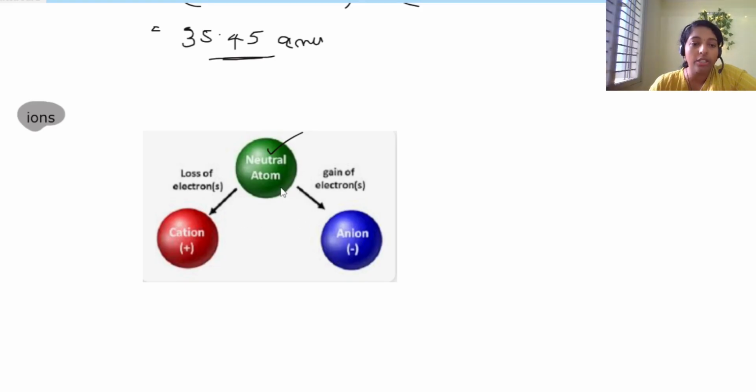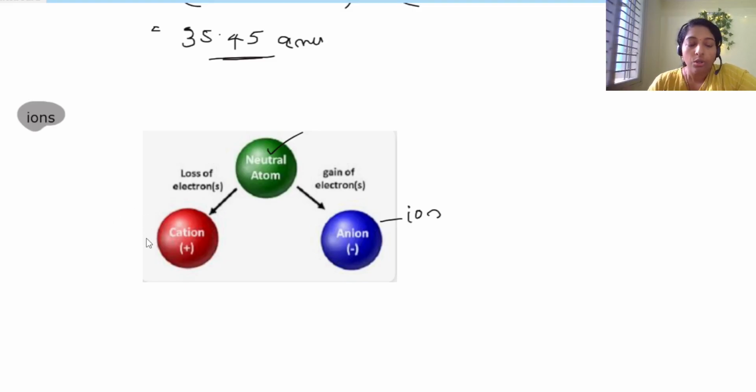If an electron is added to an atom, negative charge is added, so you can say a negatively charged ion is formed. A negative ion. If an electron is lost, negative charge is gone, which means that much positive charge you gain.